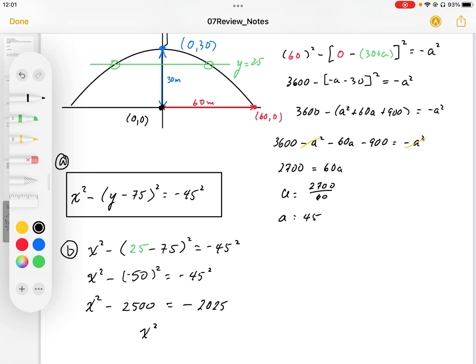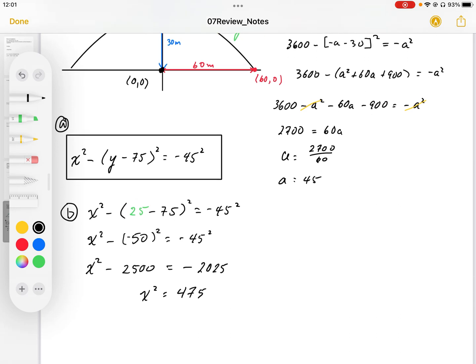So that makes x squared equal to, when I add 2500 to both sides, positive 475. So the x-coordinate is going to be plus or minus the square root of 475.